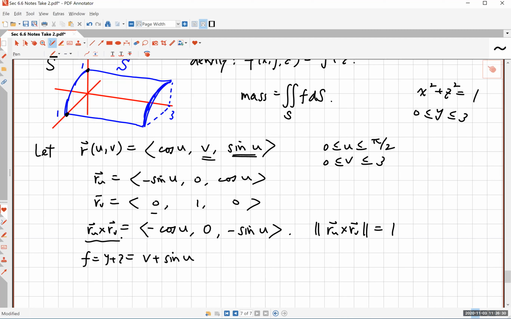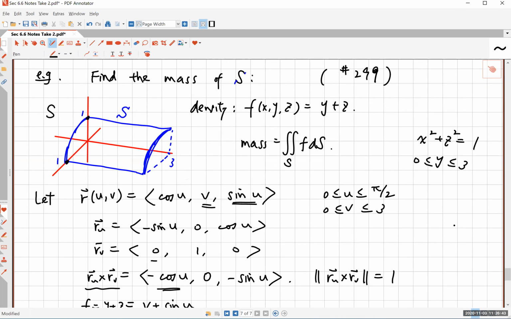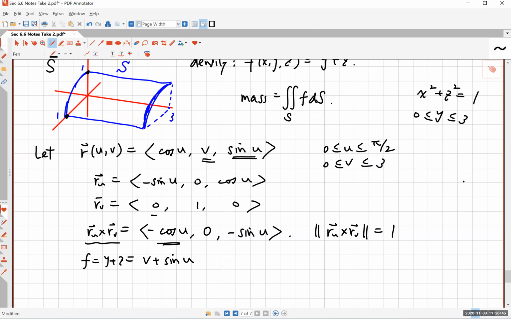And by the way, just note this: what's the orientation of this normal vector? For instance, when u is equal to 0, you're at this point, and there it's negative 1, 0, 0. So it's this direction.